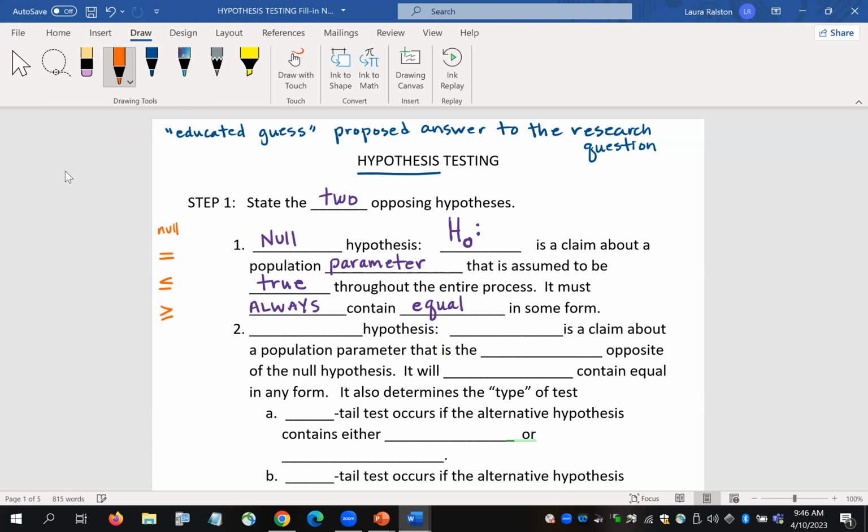Those are your three options. The phrasing in the scenario, or the phrasing of your self-identified hypothesis, is going to determine which one of those symbols you're going to have. Is it going to be just equal? Could it be less than or equal? Could it be greater than or equal? And we'll be looking at how to make that decision.